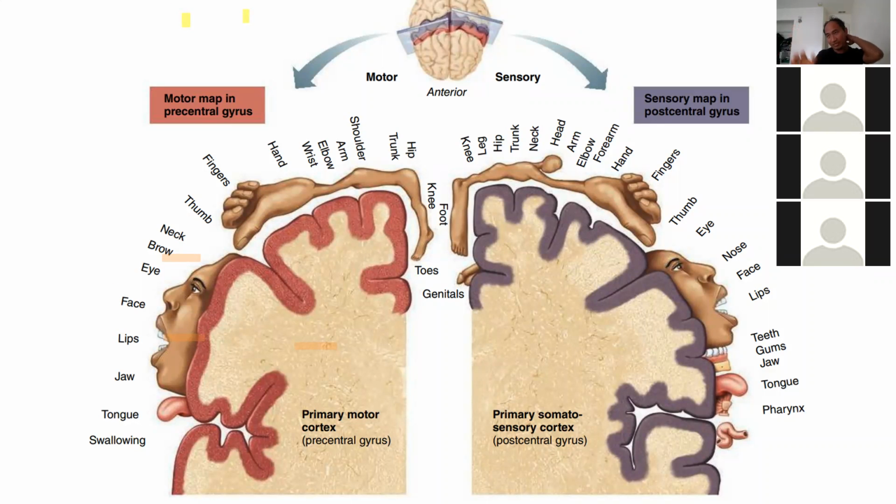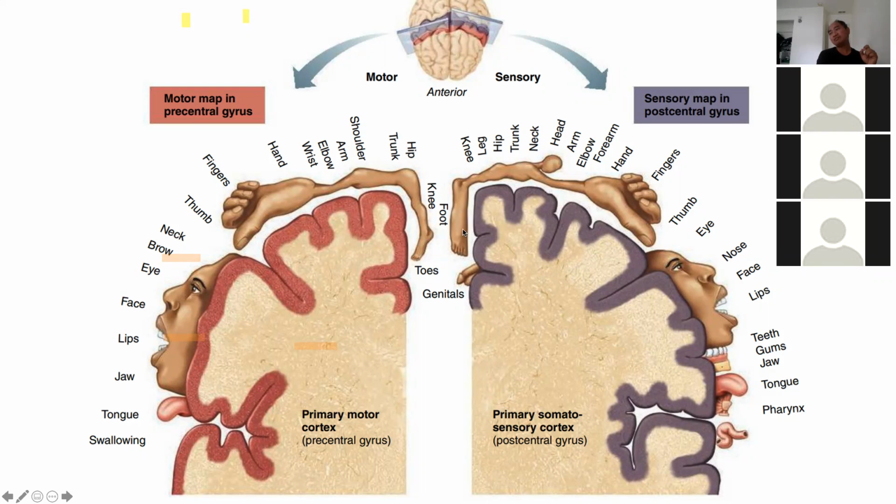And look at the area of the hand, which is quite small as a part of the body, but highly represented in the motor cortex. Therefore, we are able to move different parts of our hand to use it. On the opposite, our foot and legs, their representation is pretty small.